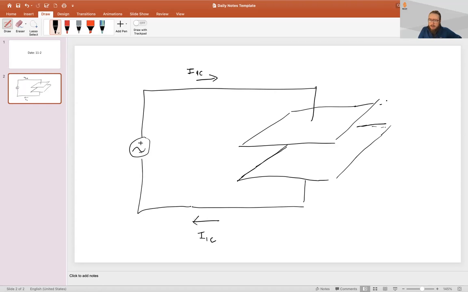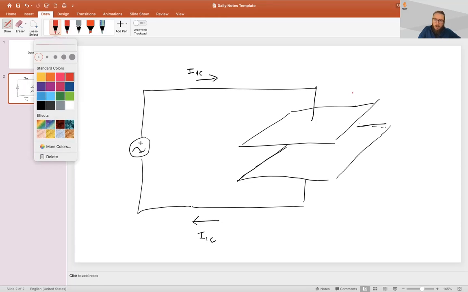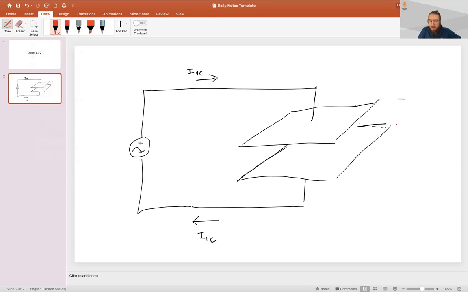But then we get to this case here, and this is where people realized there might be a problem. In this region, are there any moving charges? There are not.